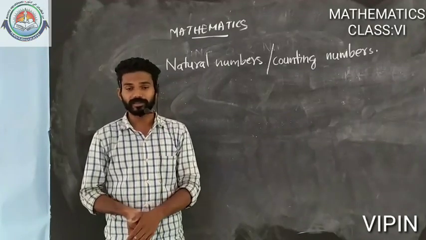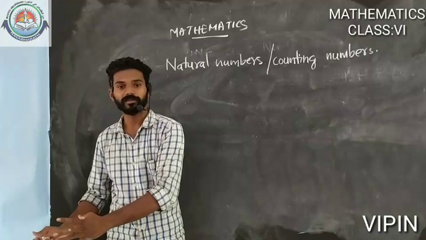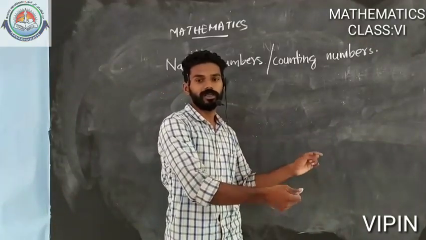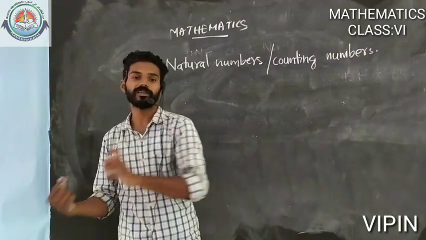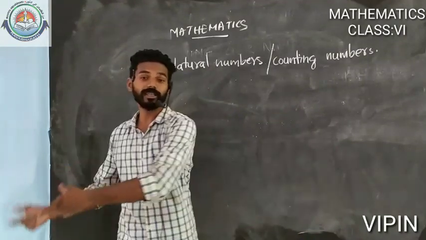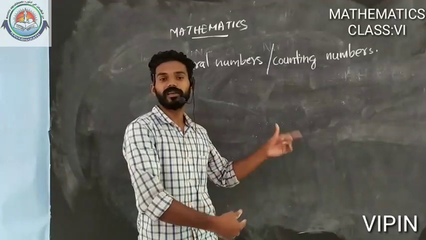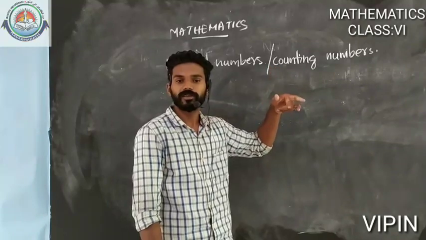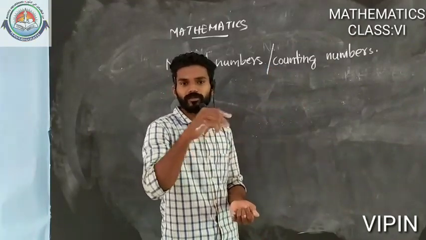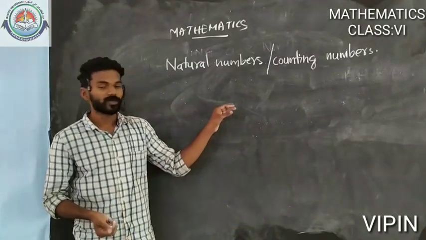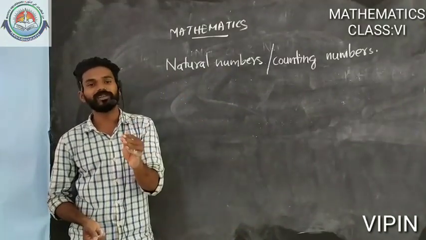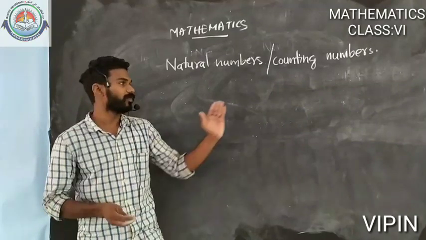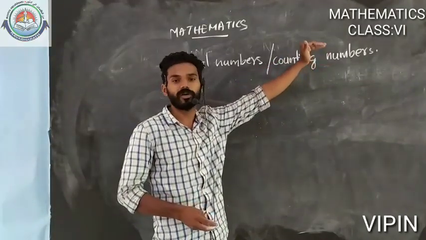And on your first pick, you say 1. For the next, you say 2. For the next, you say 3. And so on. You will be going like that. So this is just counting numbers, the numbers that are just used for counting.